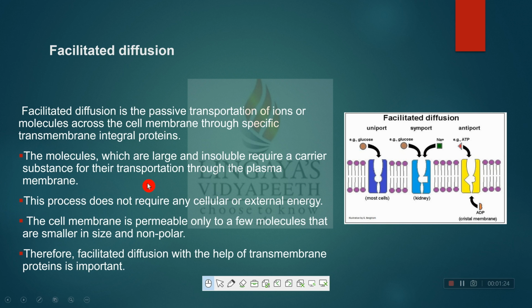So the topic is facilitated diffusion. Facilitated diffusion is a type of passive transport. As we are aware, passive transport is the movement of substances across a biological membrane from an area of higher concentration to an area of lower concentration without external energy.